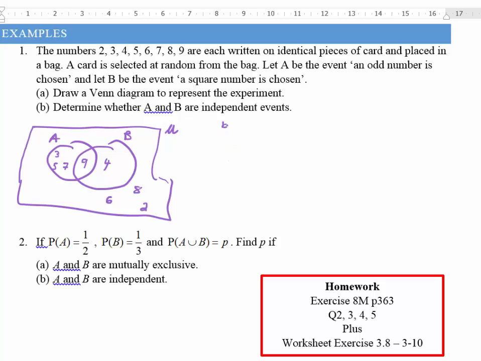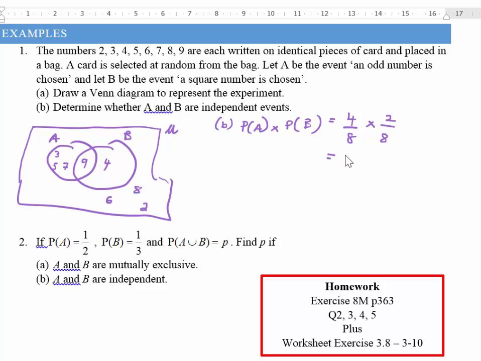So part B then says, determine whether A and B are independent events. We know that they're independent events if the probability of A times the probability of B is equal to the probability of A intersects B. Let's just work that out first. The probability of A occurring is 4 things out of 8 numbers altogether, and then the probability of B occurring, there's 2 things in B out of 8 things altogether.